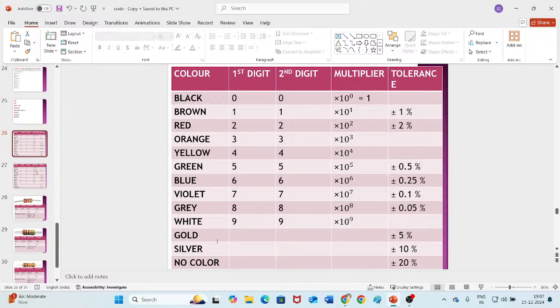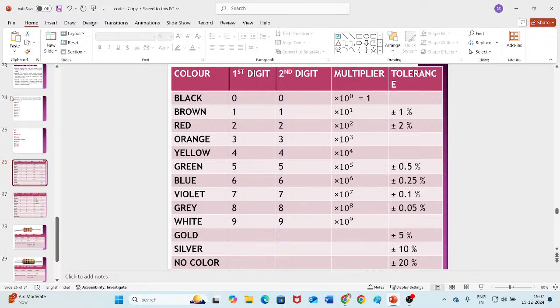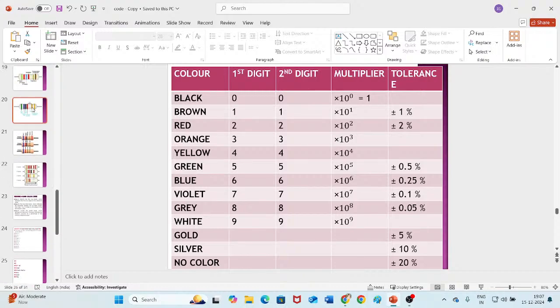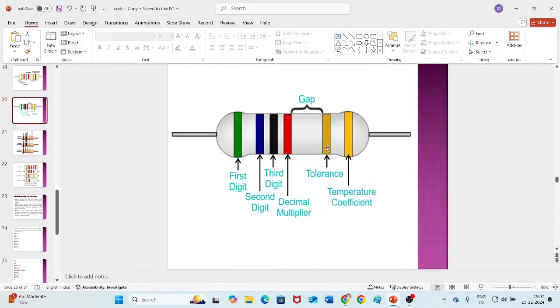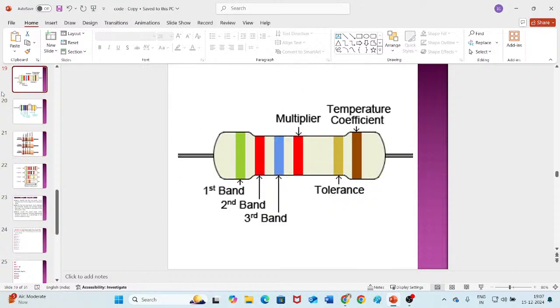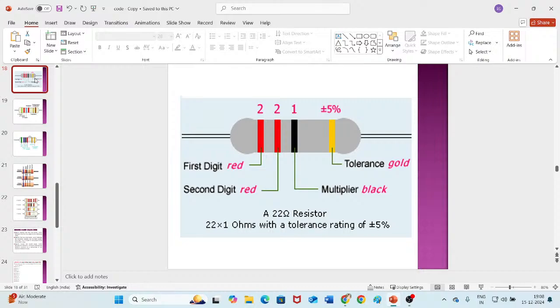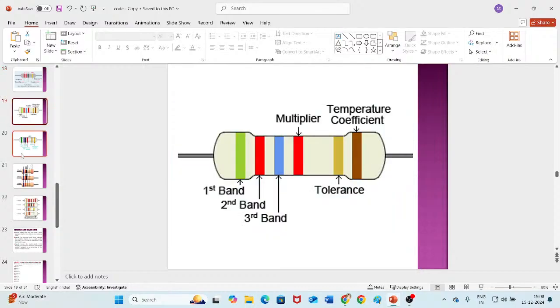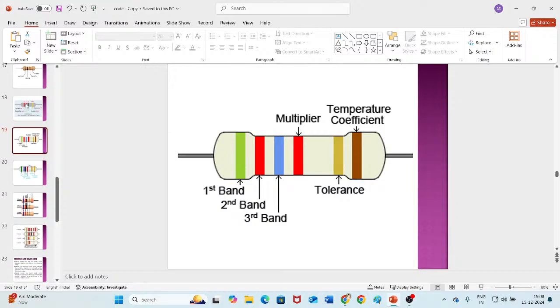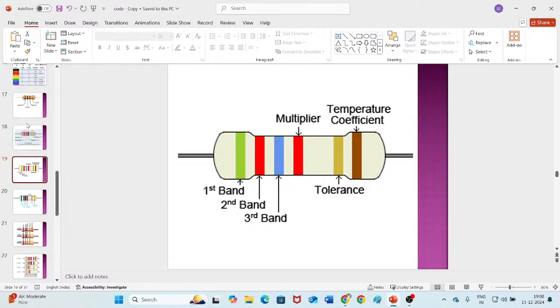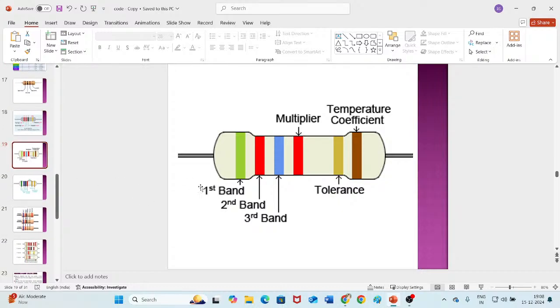Okay. So if you have a 5 band or 6 band resistor, you can see here this is a 6 band resistor. So if you have 5 or 6 bands, you have to first identify the first 3 bands, which represent the first 3 digits of your resistance value.